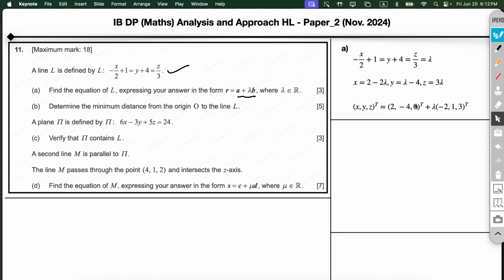Then we can form this equation into vector form: the constant part is 2, minus 4, 0, and the scaling vector multiplied by lambda is negative 2, 1, 3. So this is in the form a plus lambda b, where a is this vector and b is this vector.